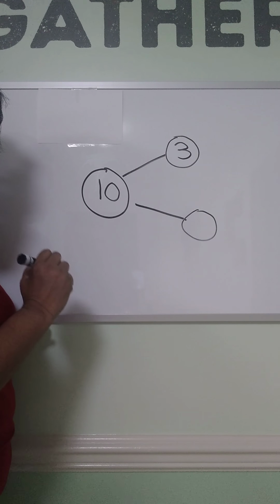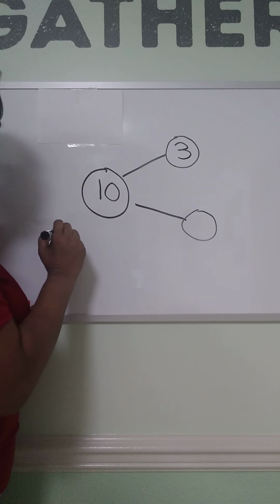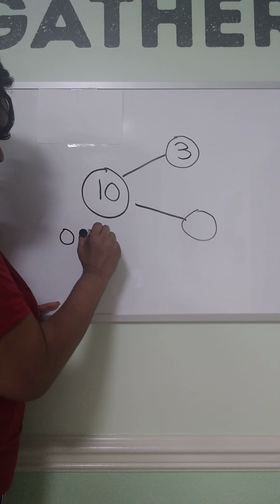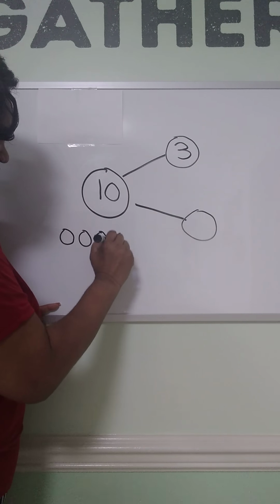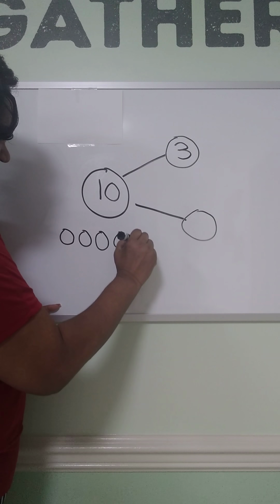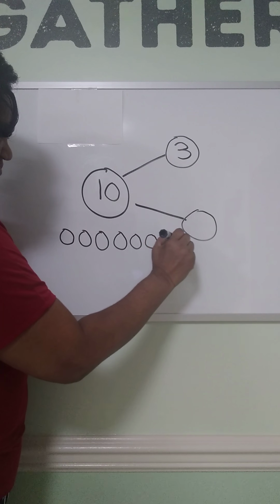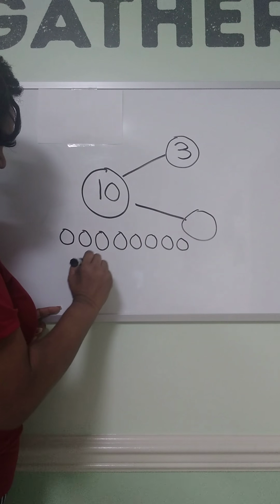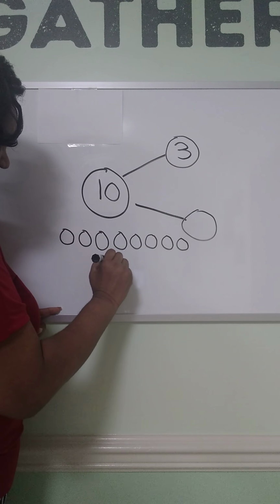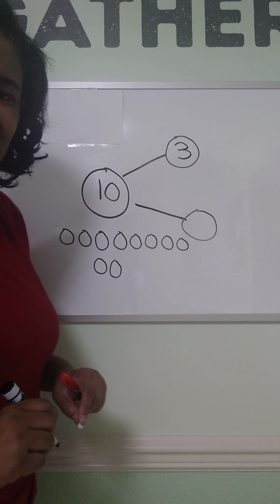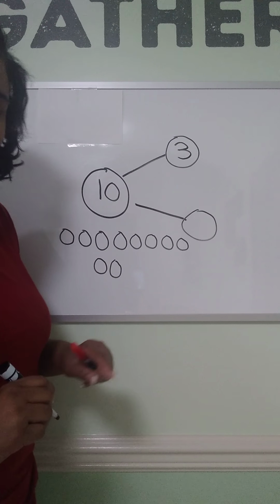Let's count 10 circles. 1, 2, 3, 4, 5, 6, 7, 8, 9, 10. So those are 10 circles.